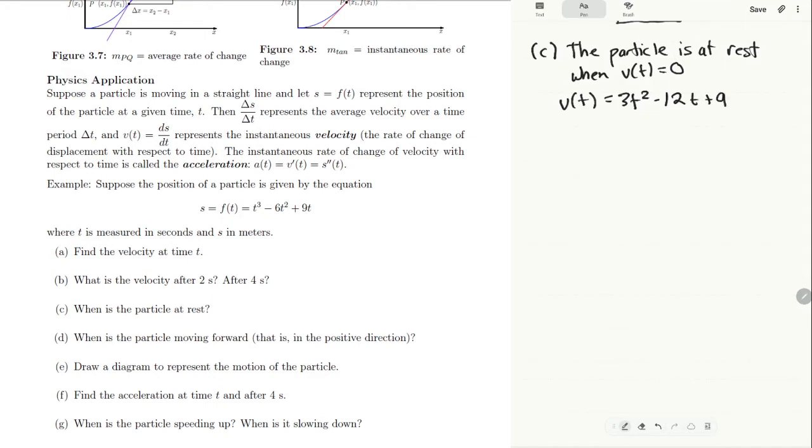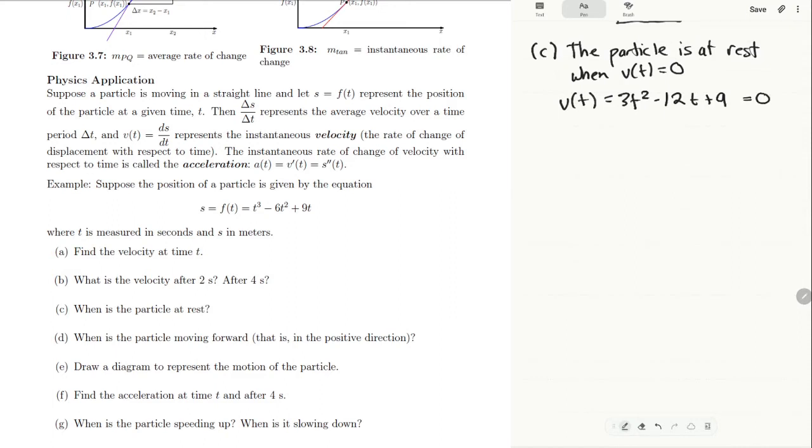If we set the velocity function equal to 0 and then solve for the times t, then these are the times where the particle will be at rest. So let's set this equal to 0 and then solve for t.